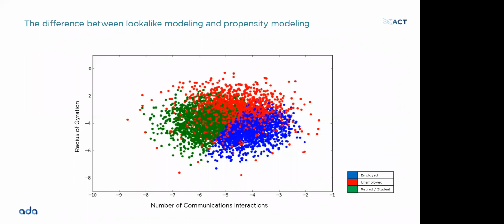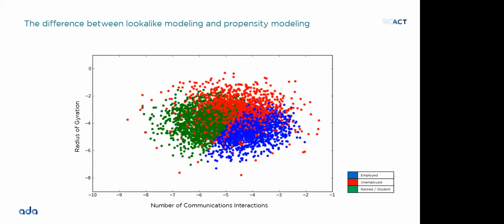The blue ones represent what the model predicts to be employed. The red ones represent the users that the model thinks are unemployed. And finally, the green ones represent those that the model thinks are retired or students. So this is the kind of output that you will get from propensity modeling or supervised machine learning.